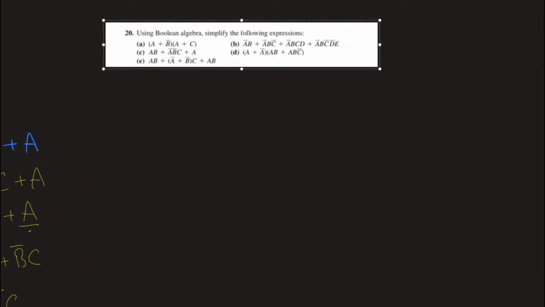So for D, we have A or A naught, A, B, or A, B, C naught. So step 1, we don't need a De Morgan, over bar only over one letter. Step 2, multiply everything out.